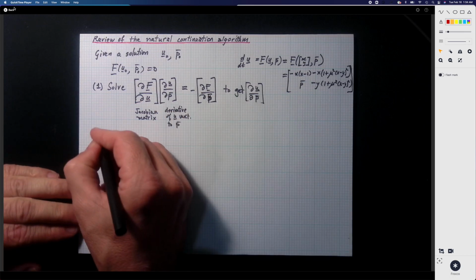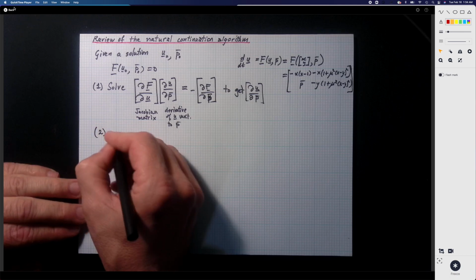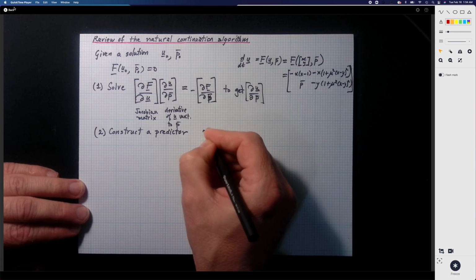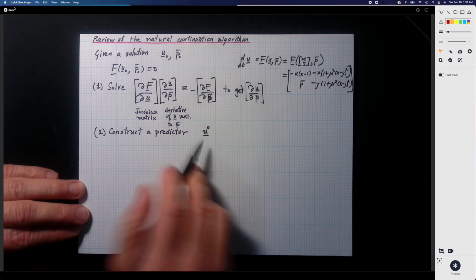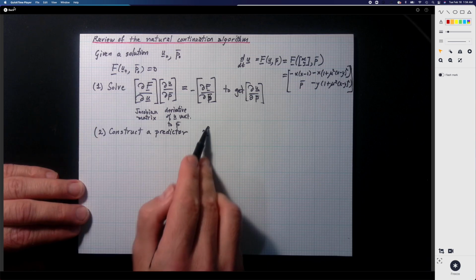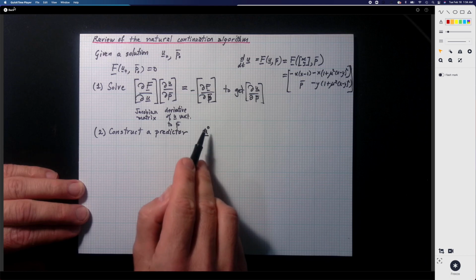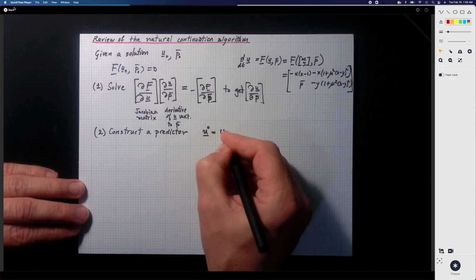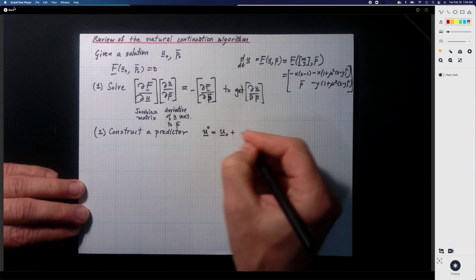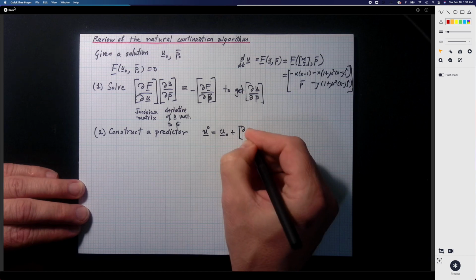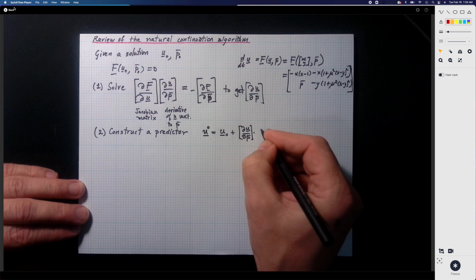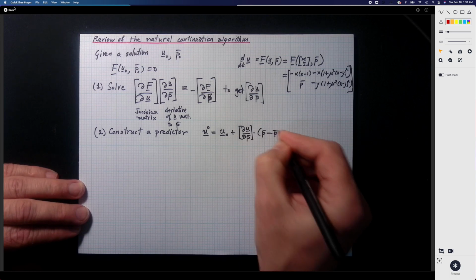Then from this we can construct the predictor, and I'm going to call the predictor U superscript 0. The lower subscript means it's a solution. The upper one is not quite a converged solution yet, it's a predictor. And that's going to be our old solution, U naught, plus dU/dP bar multiplied by P bar minus P bar naught.